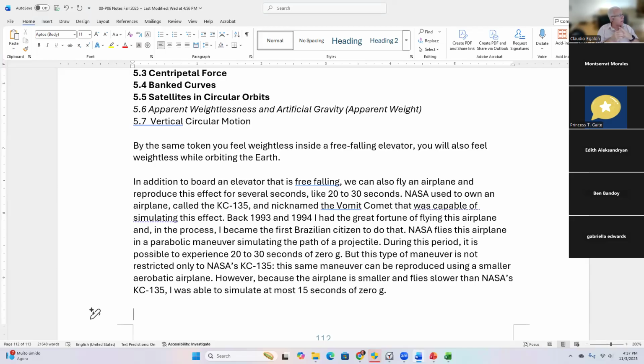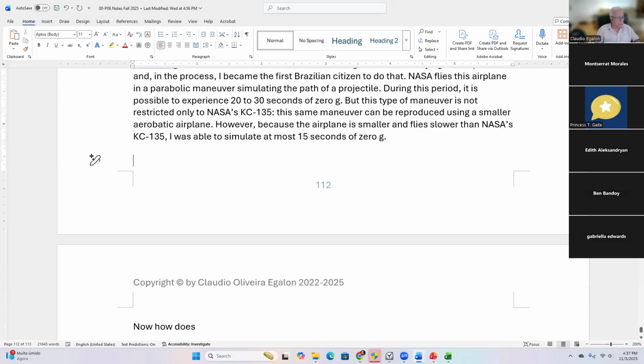Now, how does it apply in orbit, right? We covered that before in the section on apparent weight, right? Apparent weight.